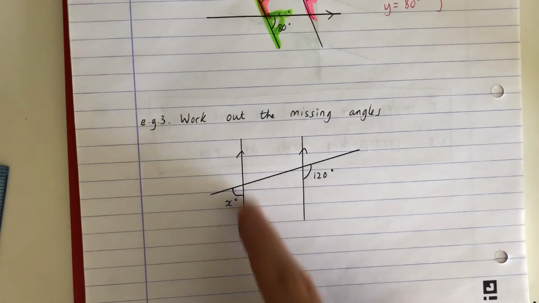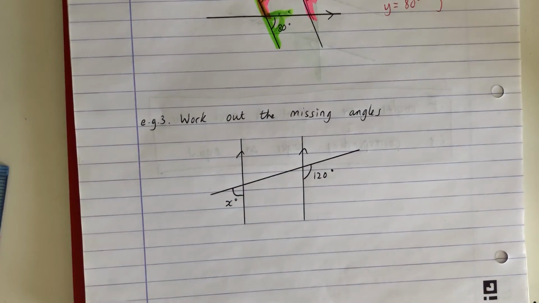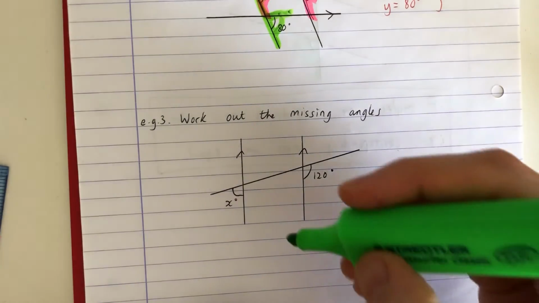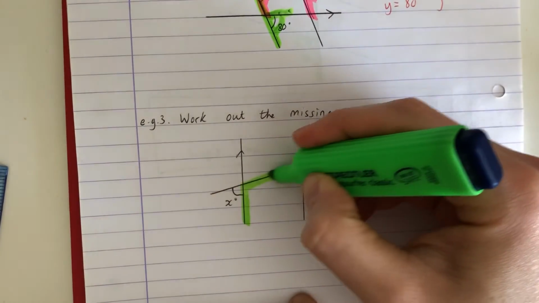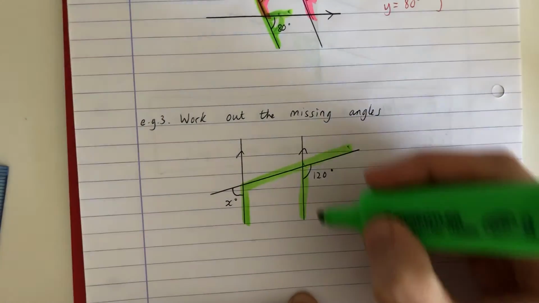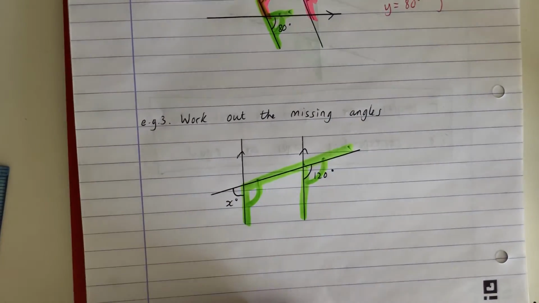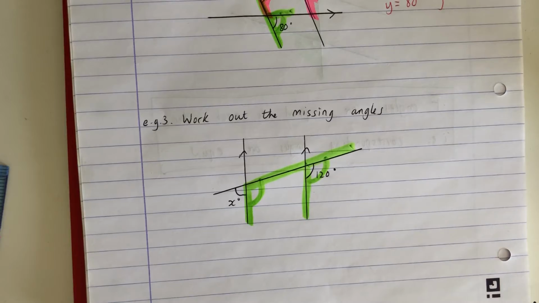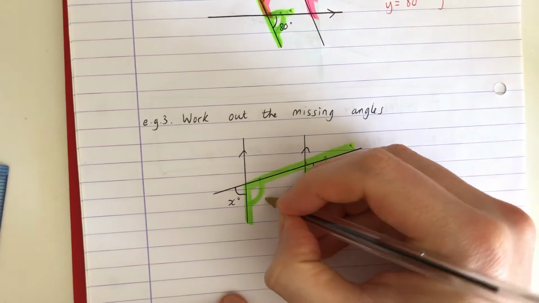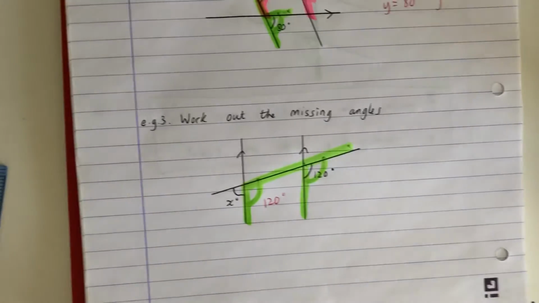However, we've got parallel sides. We know to look for this F angle, which is there, but the F means that is equal to that. We don't get X in one step. So this missing angle there is 120 degrees.